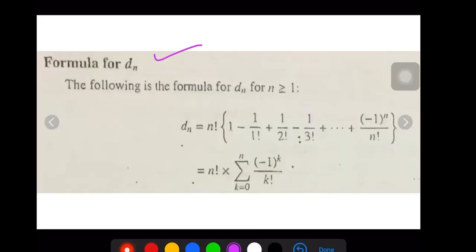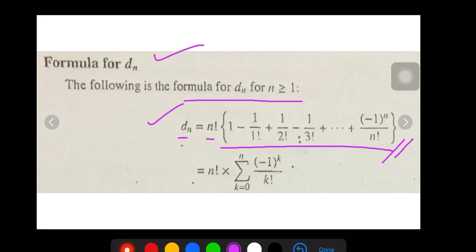Likewise, if you keep doing that, we will be able to get the formula for Dn of this form. For n greater than or equal to 1, Dn is n factorial into 1 minus 1 by 1 factorial plus 1 by 2 factorial, and so on. This general formula has been derived, and it is out of the syllabus scope, so we don't go with the proof.